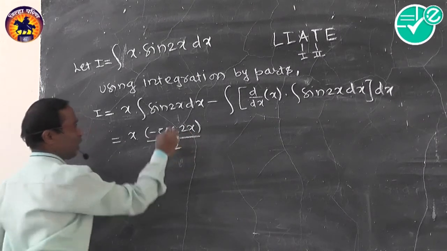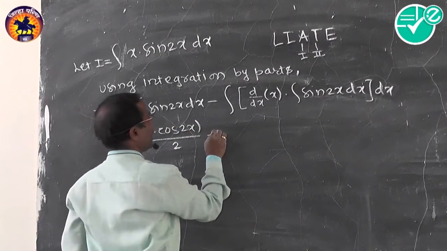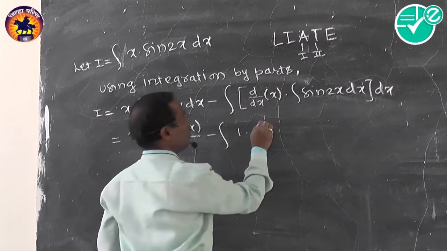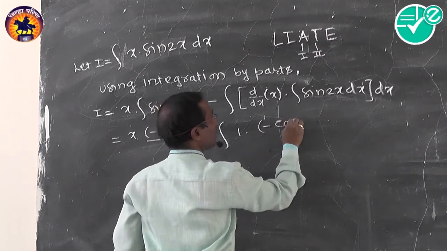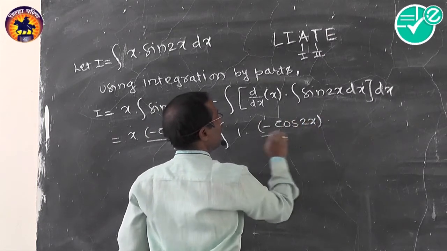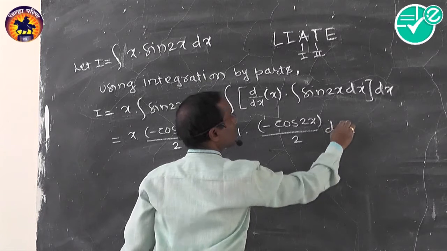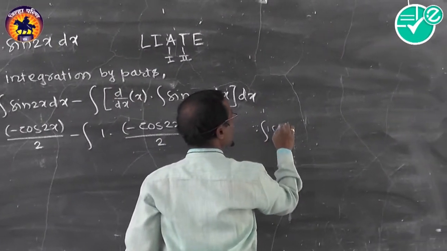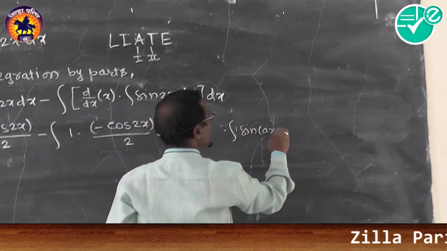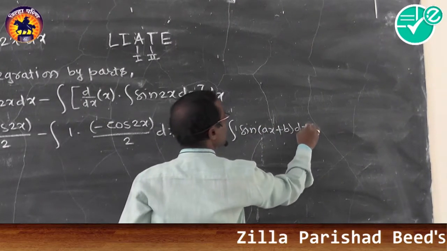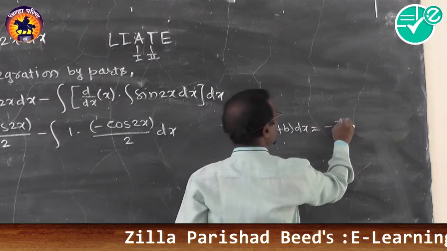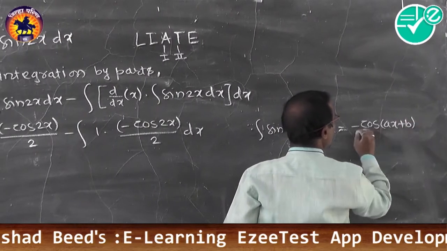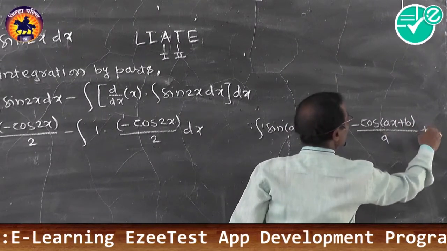upon coefficient of x, which is 2, minus integral of derivative of x, which is 1, into minus cos 2x divided by 2 dx. Here integral of sine of ax plus b dx is equal to minus cos of ax plus b divided by the coefficient of x, a, plus c.